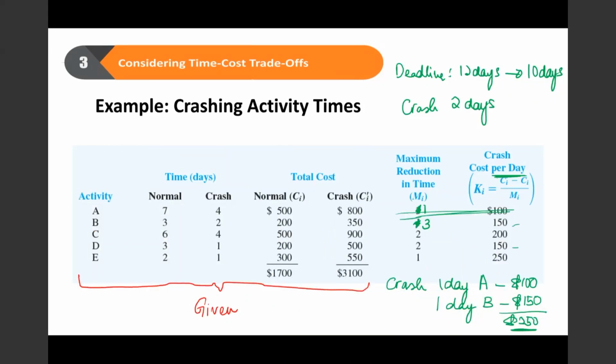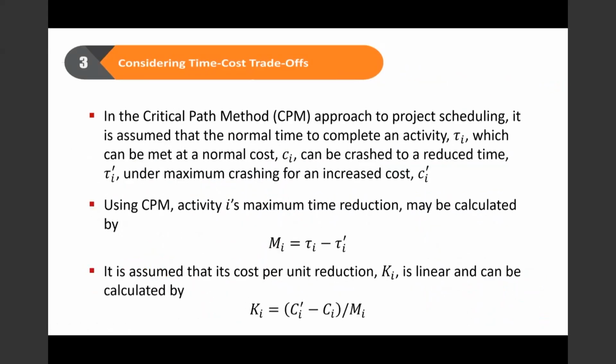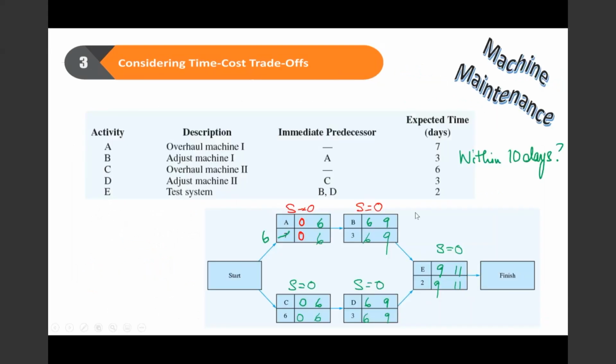Okay, so if I choose to go with activity B, we know what to do. Let's say activity D. Because both of these paths are now critical paths, that's why I said earlier, when we crash an activity, we could potentially change the critical path. So this is what happens here.